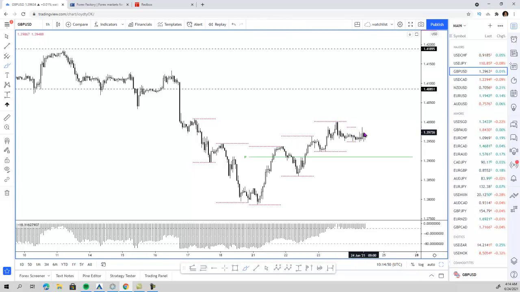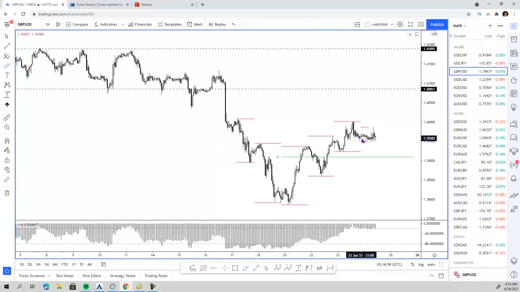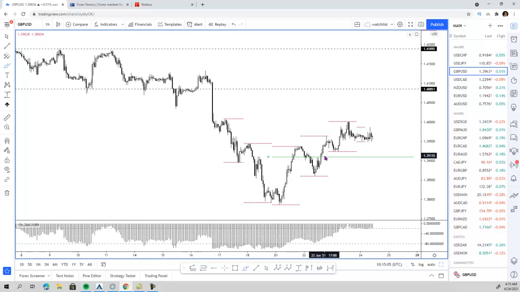This is quite the inside day, but remember that traders are just waiting for that announcement. Front running that announcement is really not a good long-term profitable strategy. So it's pretty likely that we are not going to be trading the pound.